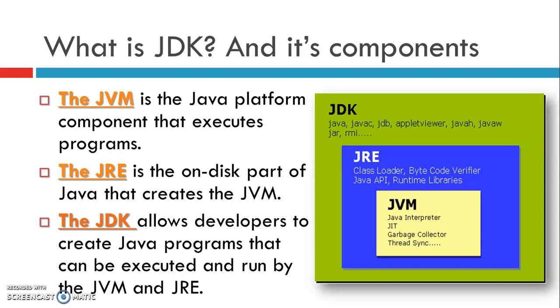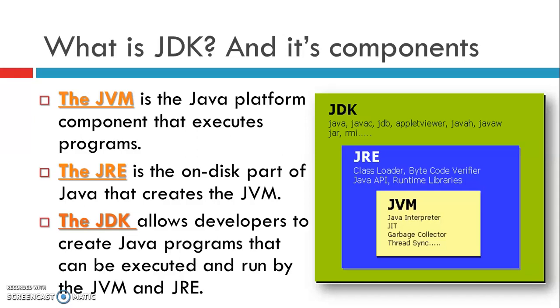In the blue part of this image, we can see the JRE, the Java runtime environment. The Java runtime environment has a class loader, bytecode verifier, Java API, and runtime libraries. In the green part of this image, we see the JDK.